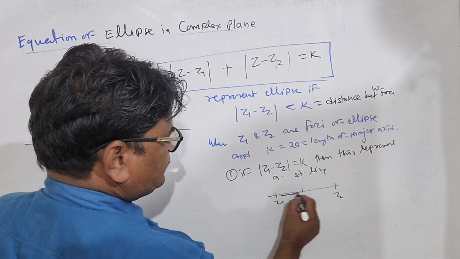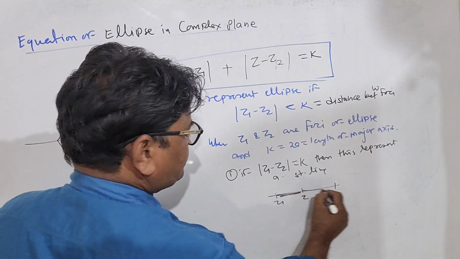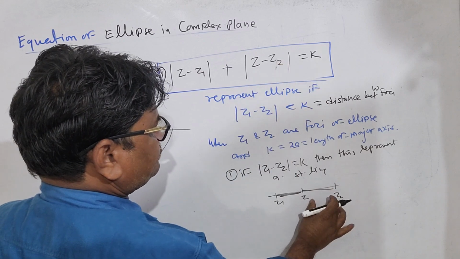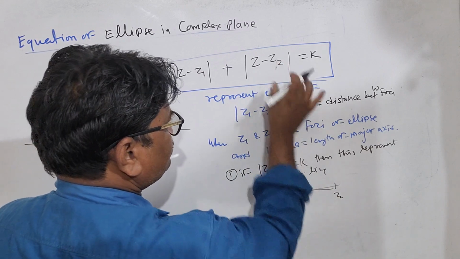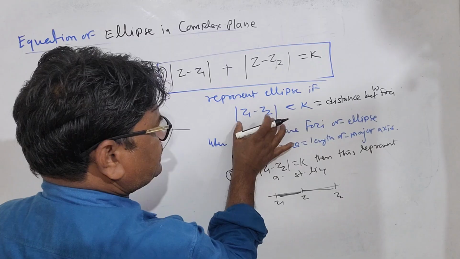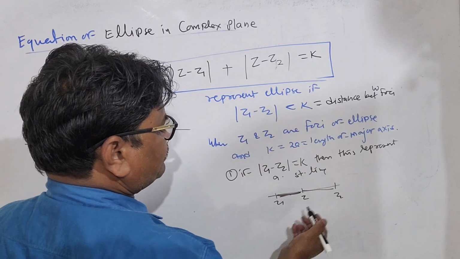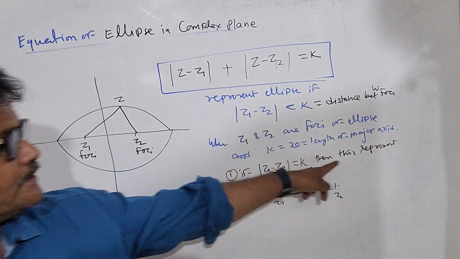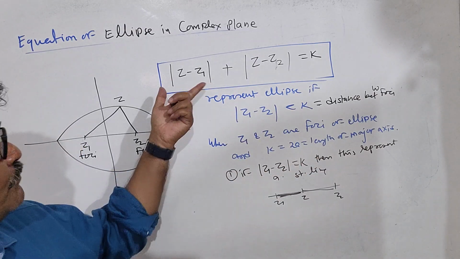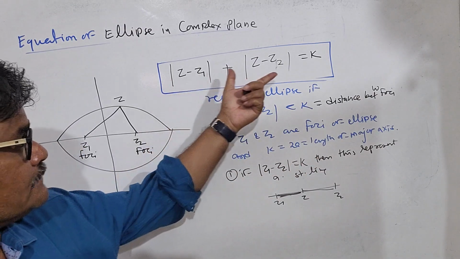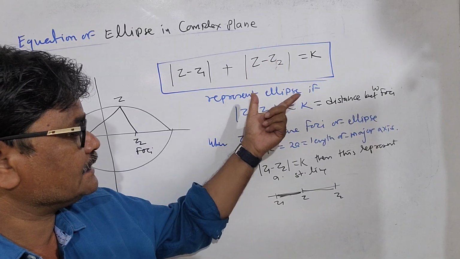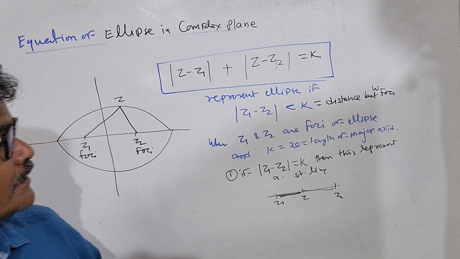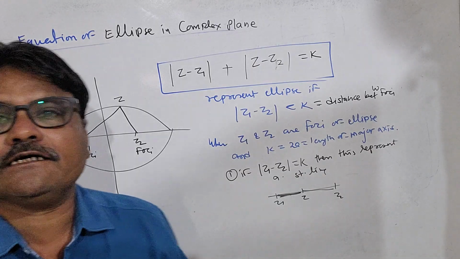This distance plus this distance is equal to this whole distance. Their sum is equal to this distance. So Z lies in between Z1 and Z2, and at that time this equation represents a straight line. So modulus of z minus z1 plus modulus of z minus z2 equal to k represents an ellipse if modulus of z1 minus z2, the distance between the foci, is less than k. Correct?